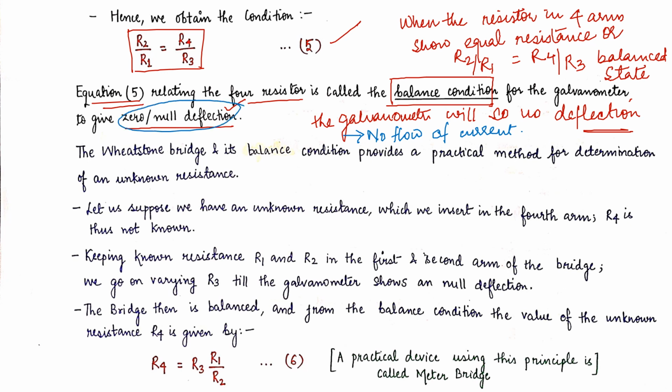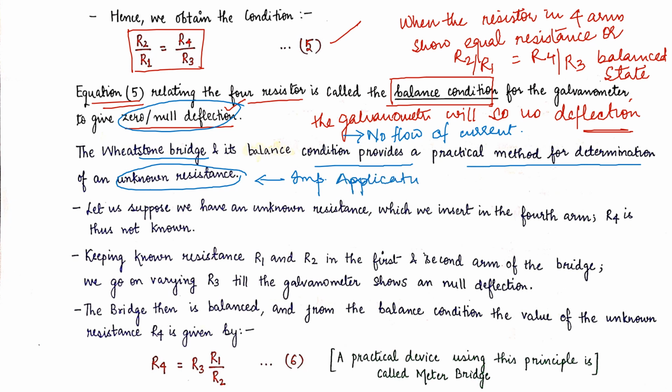Now the Wheatstone Bridge and its balance condition provide a practical method for determination of unknown resistance. That is one of the very important applications. Let us suppose we have an unknown resistance which we insert in the fourth arm, R4, which is not known.